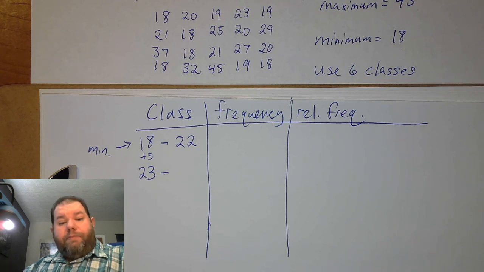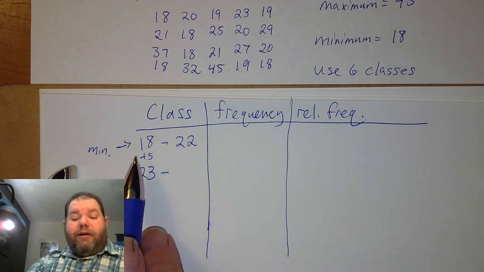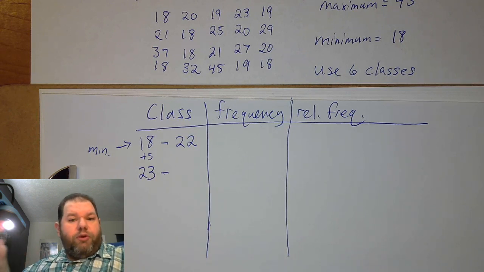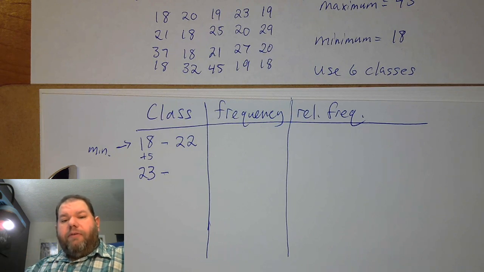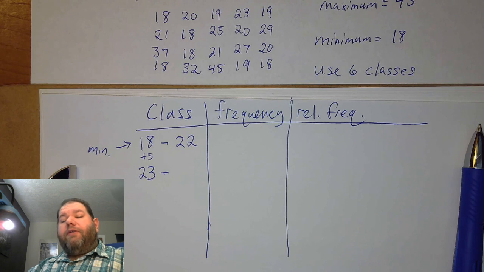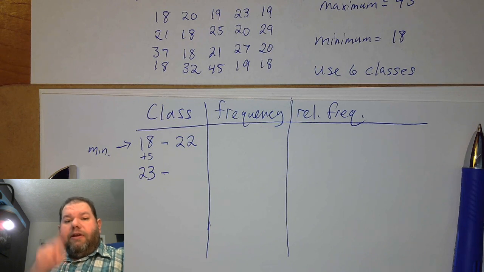Now we look at that pair of numbers and ask, how does that give a class width of 5? If we subtract 22 minus 18, they're only 4 units apart. But the reason we say the class width is 5 is that if we look at all the different ages present in that class: 18, 19, 20, 21, and 22.